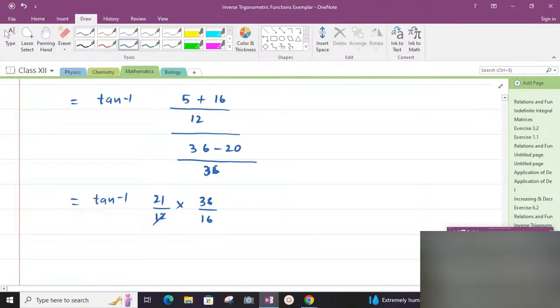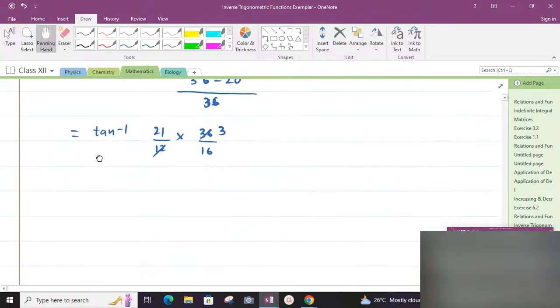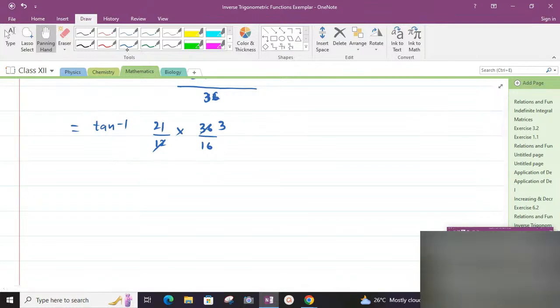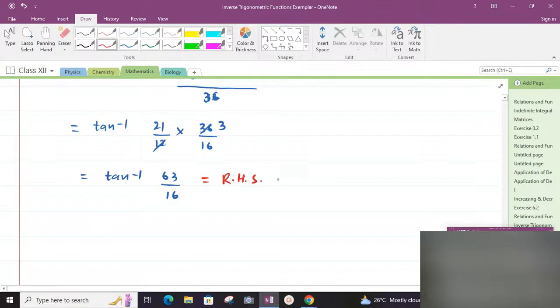So here it will be equal to tan inverse 63 by 16. So this is the RHS. Hope there is no problem understanding the solution of this question.